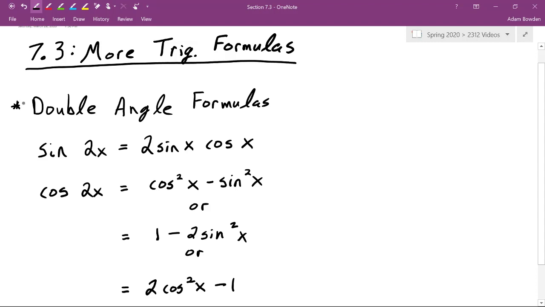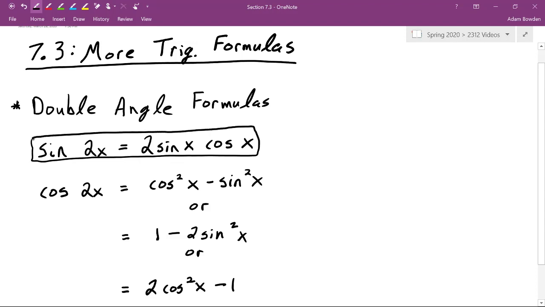The double angle formulas work for things like sine 2x or cosine 2x, where we have double the variable or the angle with our trig function. So sine of 2x is 2 sine x cosine x. The cosine 2x has three different varieties of formulas to go with it.